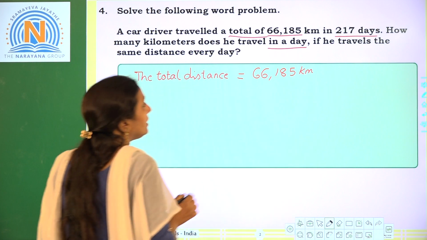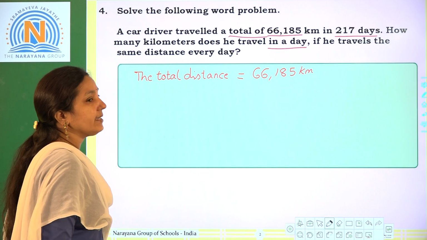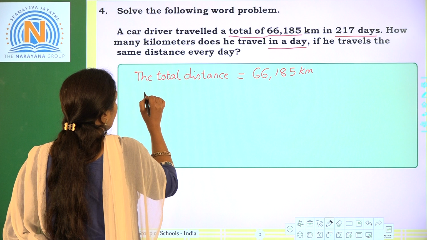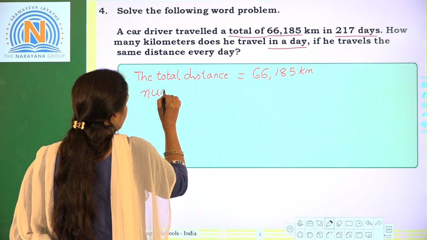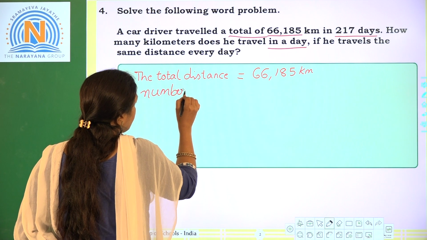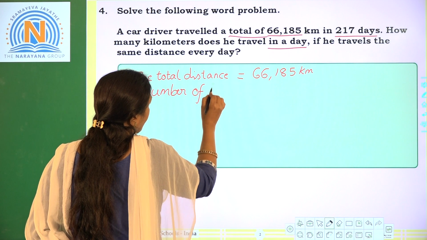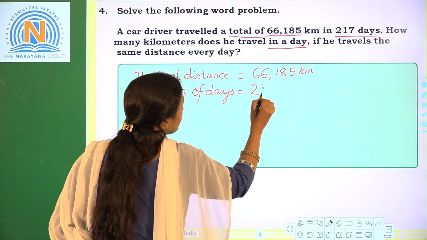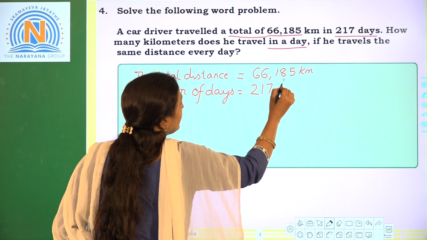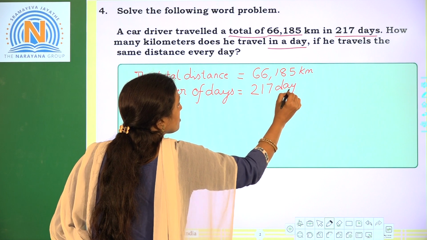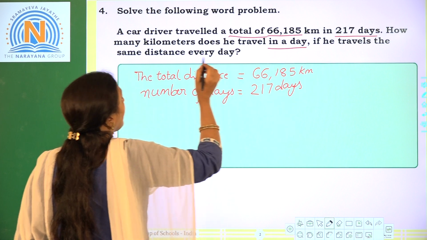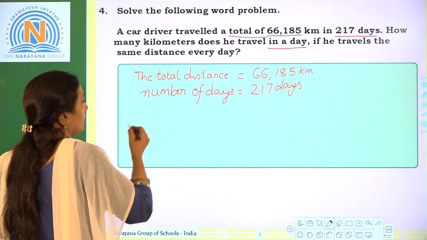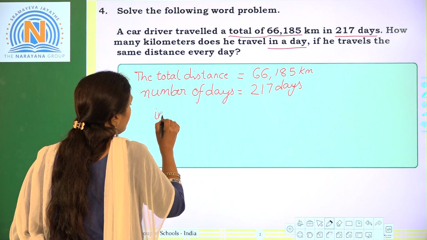And the number of days is 217 days. So what do we have to find? We have to find how many kilometers he travels in a day.